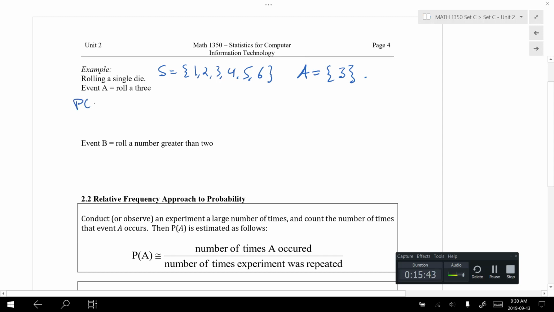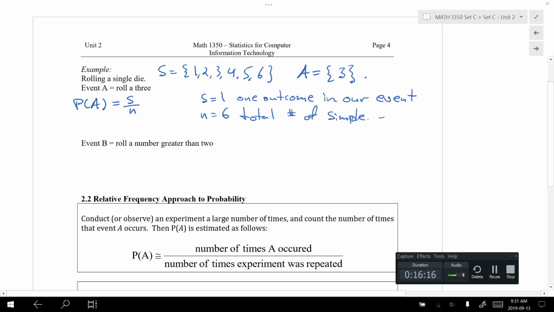We could consider the probability of A. That's going to just be, as we said, using the classical formula, S over N. S here is just 1. We have 1 total outcome in our event. And the total number of possible outcomes is 6. There's 6 sides on our die. Total number of simple events.